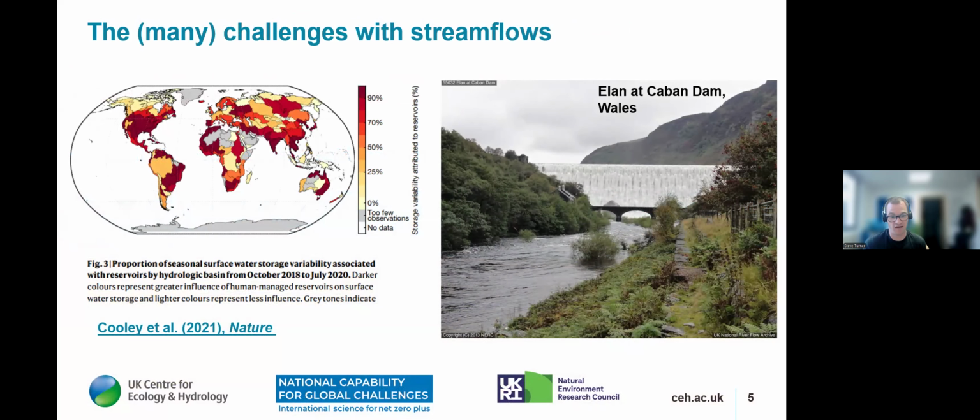When we look at just how our rivers are impacted by humans, the graphic on the left-hand side shows the proportion where reservoirs affect the hydrological basins. So the darker the red color, the more areas being affected by reservoirs.